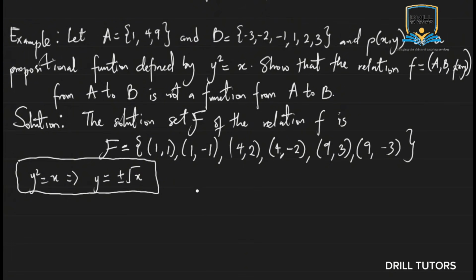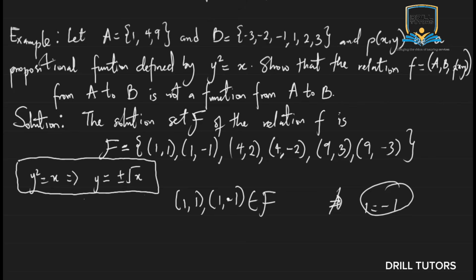And if you notice that 1 and 1, and 1 and minus 1 are elements of the solution set, it does not imply that 1 must give you minus 1. It is not. Do you understand? This is not the case. 1 is not minus 1, and because 1 is not minus 1, it fails the second rule, which I already said. Do you understand?